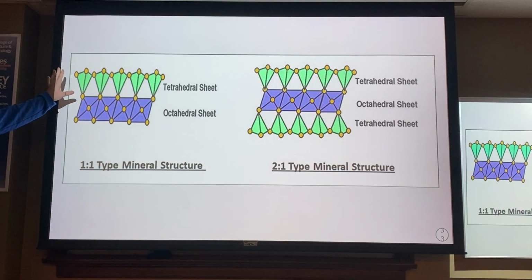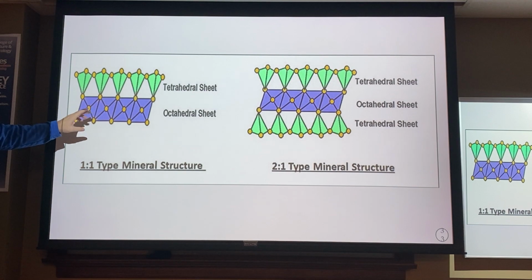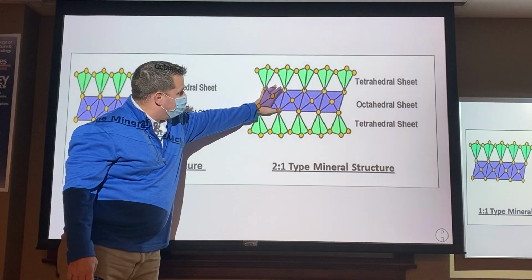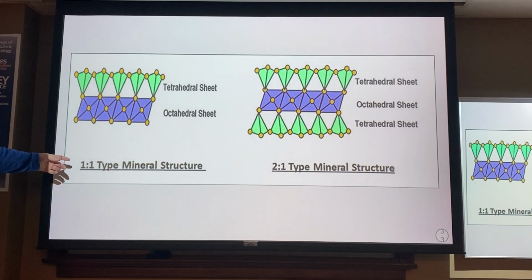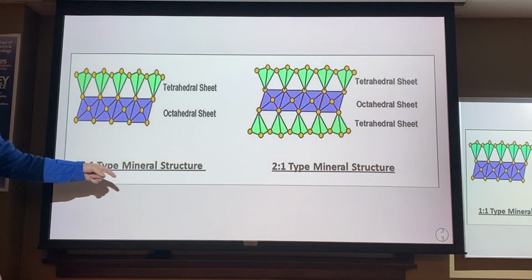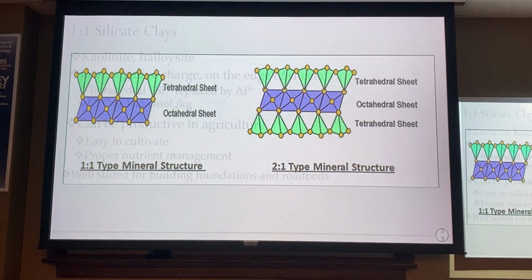To me, this makes it much simpler to see our tetrahedral, octahedral, and you can see where the bonds are happening right here with these oxygens, and hydrogen in between there. So a 1-to-1, 2-to-1, 2 tetrahedral, 1 octahedral.